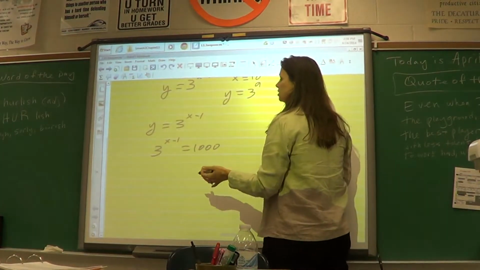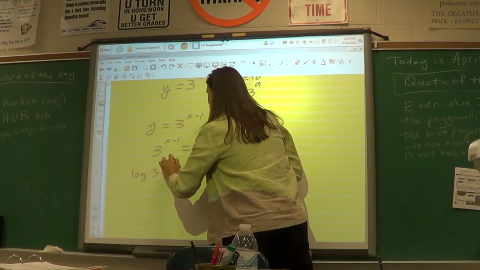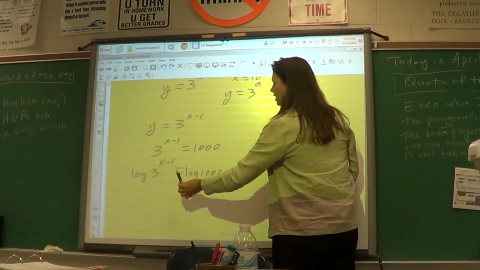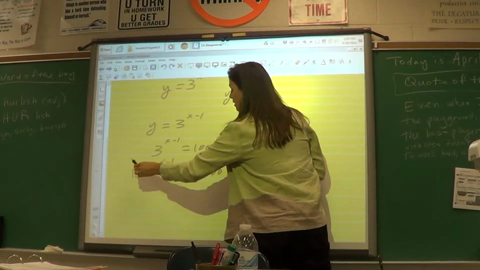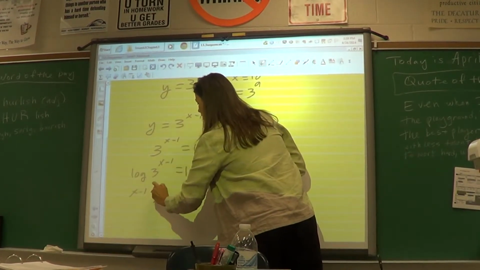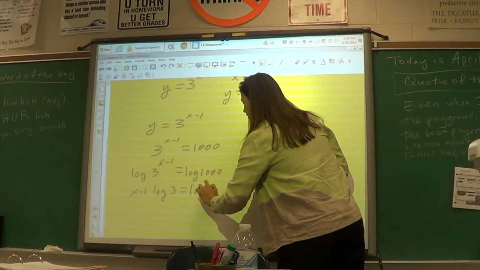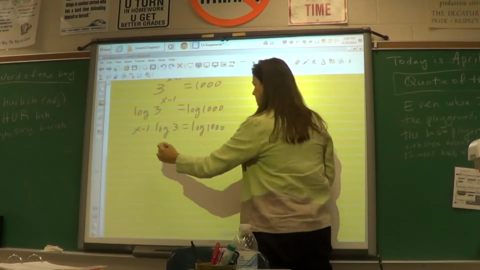And so what I would do is rewrite this using a logarithm. And then when I rewrite it using a logarithm, my exponent can come up front. So I have x minus 1 times log 3. And then log of 1,000 can be easily evaluated because it's a base 10.